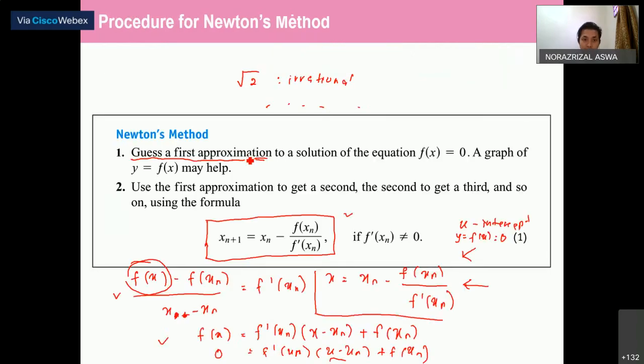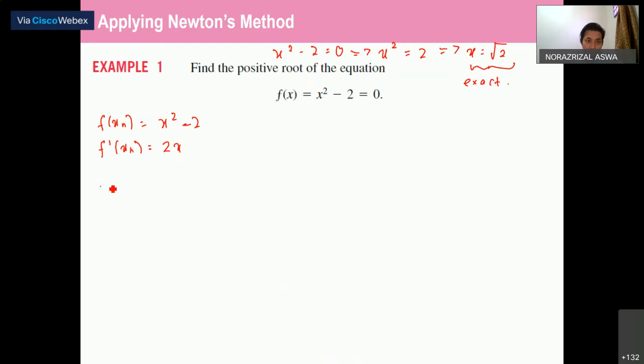We have x_{n+1} equal to x_n, and then minus f(x_n) over f prime(x_n). We need to make an initial guess.